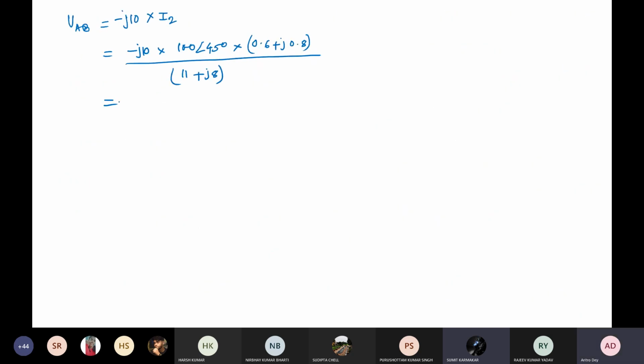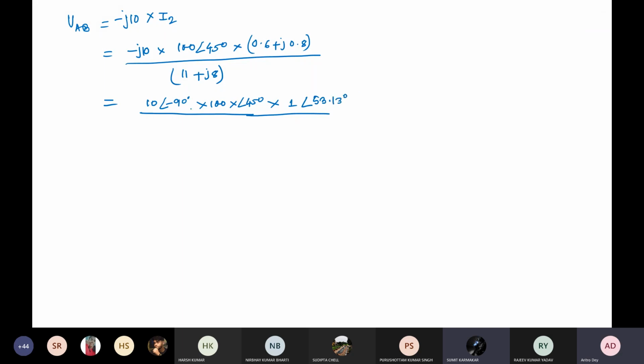Okay, so you can solve it now. This is 10 angle minus 90 into 100 angle 45 into this, supposed to be 1 and some angle will come, which is 0.6 comma 0.8. So the angle we already got, it is 53.13 degree.